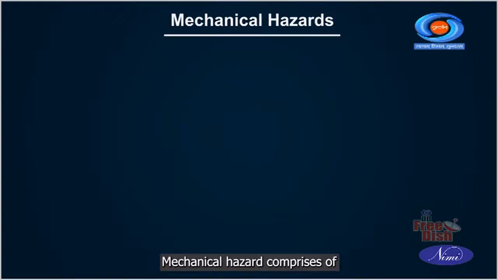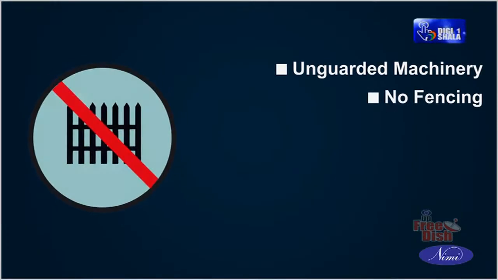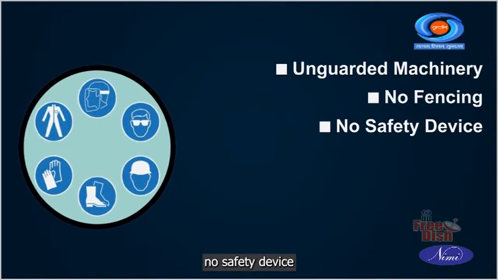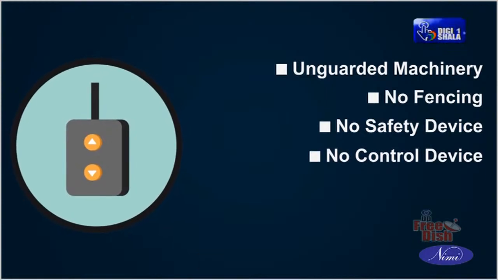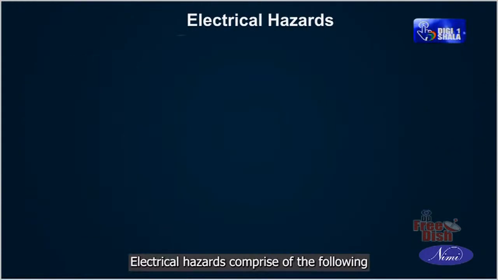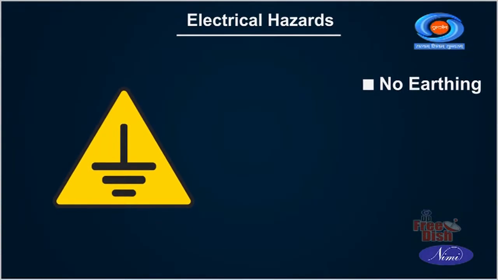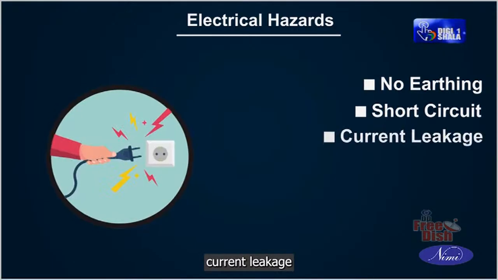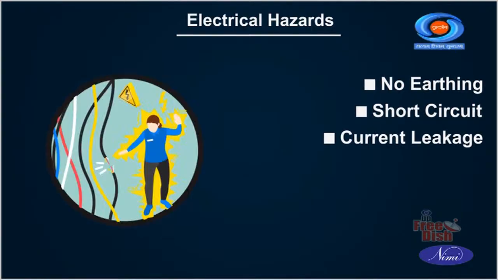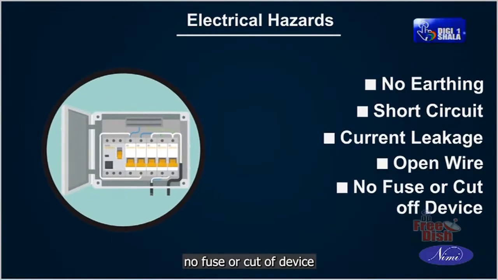Mechanical hazards comprise unguarded machinery, no fencing, no safety device, no control device. Electrical hazards comprise the following: no earthing, short circuit, current leakage, open wire, no fuse or cut-off device.